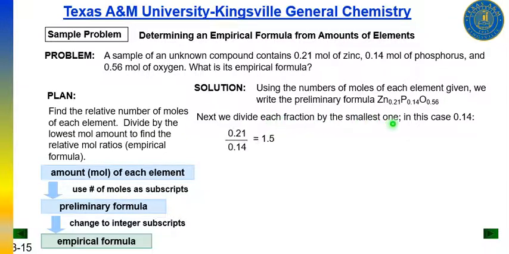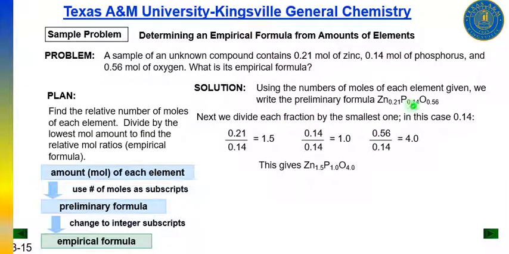And then you divide by the smallest number of moles, which in this case is 0.14. 0.21 divided by 0.14 is 1.5. 0.14 divided by 0.14 is 1.0. 0.56 divided by 0.14 will give you 4. This will give you the formula zinc 1.5, phosphorus 1.0, oxygen 4.0.